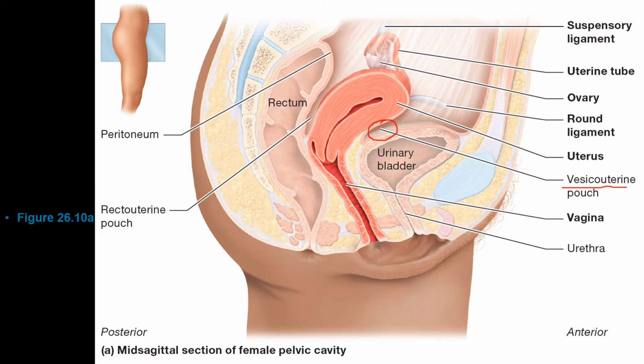And we also have one behind the uterus, between the uterus and the rectum, and this is the recto-uterine pouch. All of this is just created by that peritoneal membrane folding here as it comes in contact with these organs.